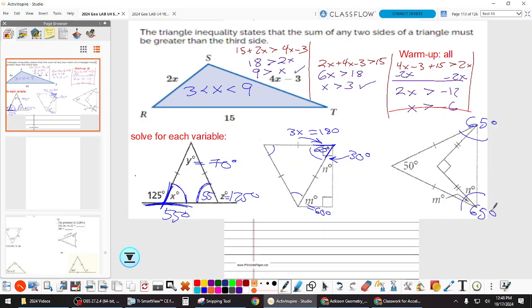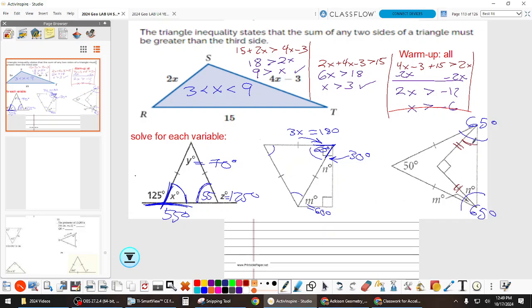Okay? And then what else? Do you see this little triangle here? Well, I guess it's not necessarily little, but that triangle. What kind of triangle is it? It's also isosceles. And that's because of these double tick marks. Okay?